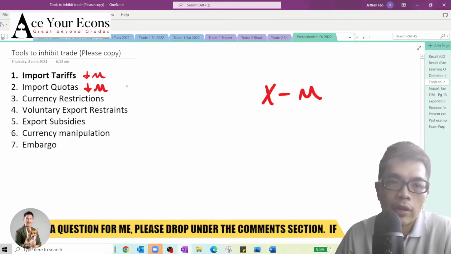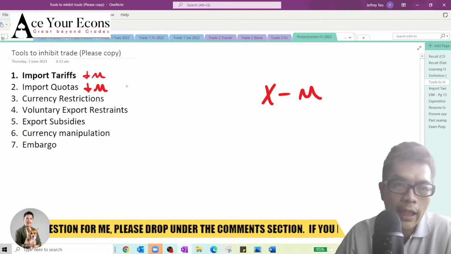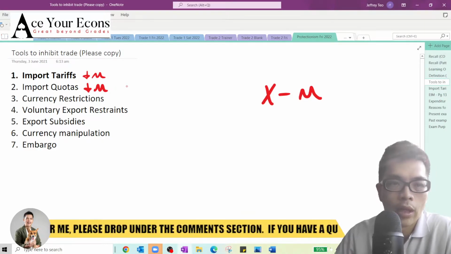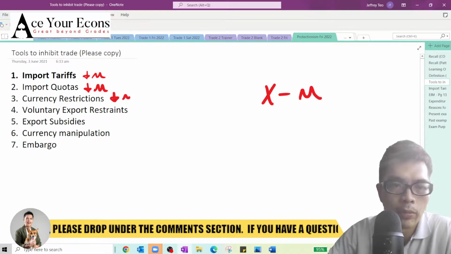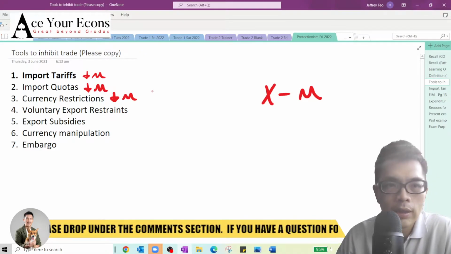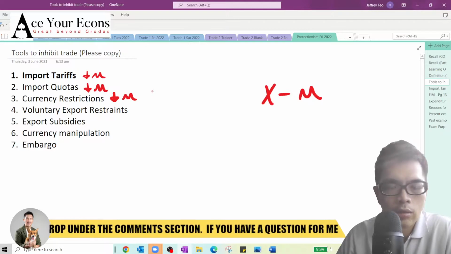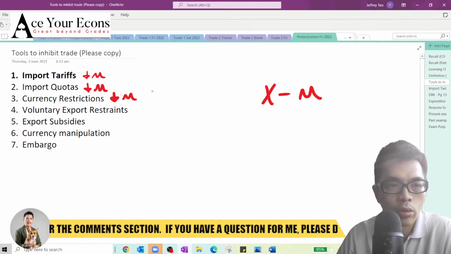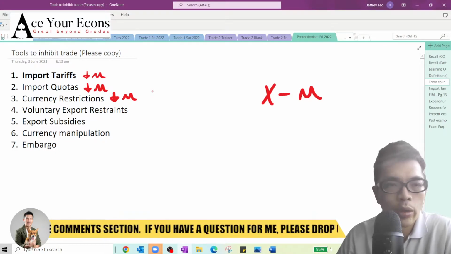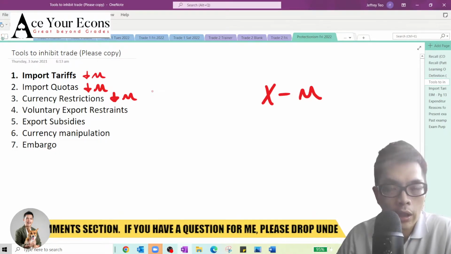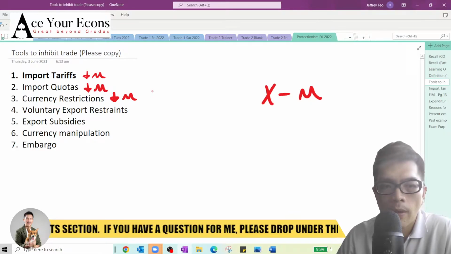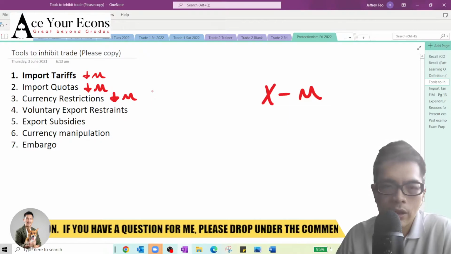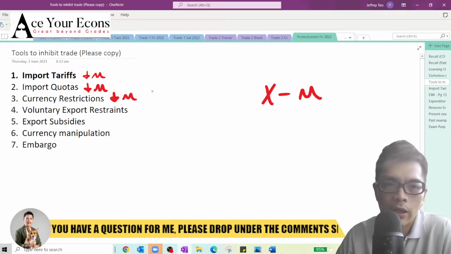When there is a restriction of access to foreign currency, you cannot acquire foreign imports, so this is another way to inhibit imports. This is widely used in China, especially in countries with currency or capital control. It's not so much used in modern-day countries, but in some countries like China, where there's capital control.